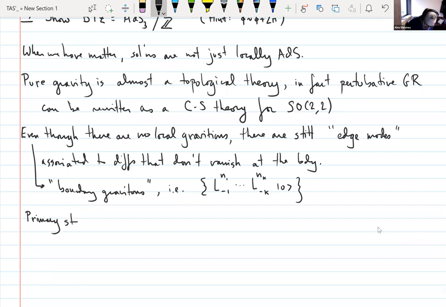So primary states, then, correspond to what you might call genuine particles or black holes that live in the interior of anti-de Sitter space.